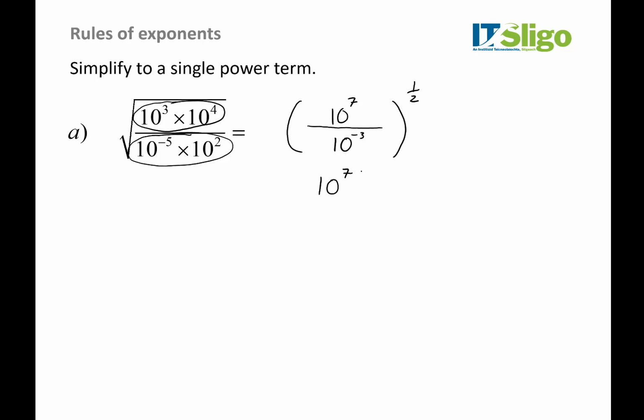using rule 2, top power minus the bottom power. Now the half is still waiting out there. I'll just write it in for mathematical neatness. This now, guys, gives us 10 to the power of 10 inside the brackets. I hope you're okay with that. Double negative. Raised to the power of a half.